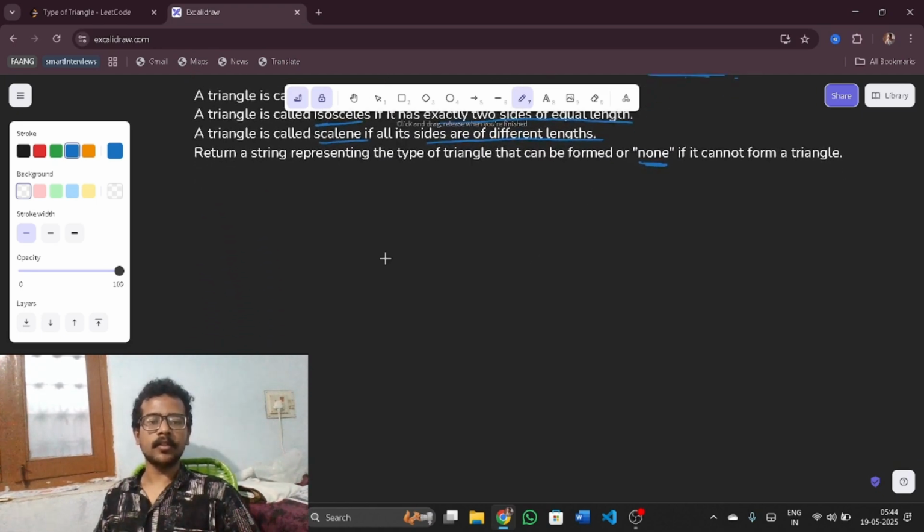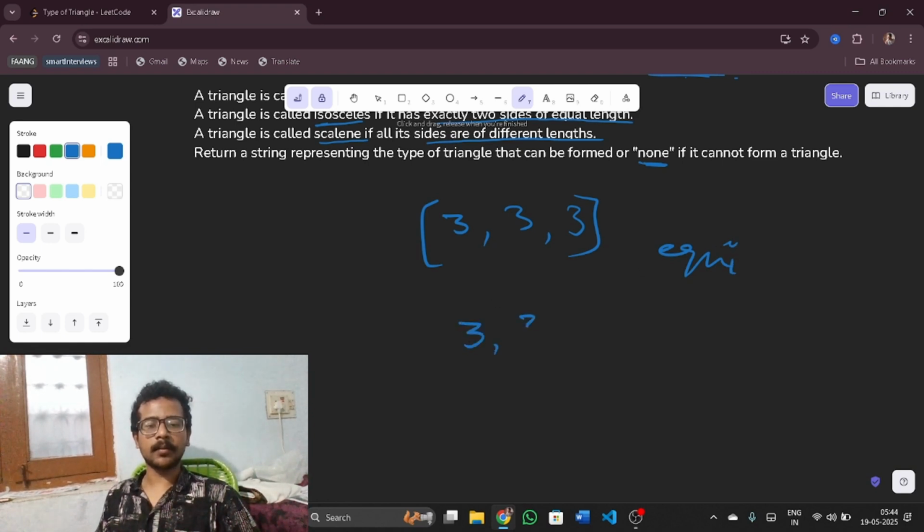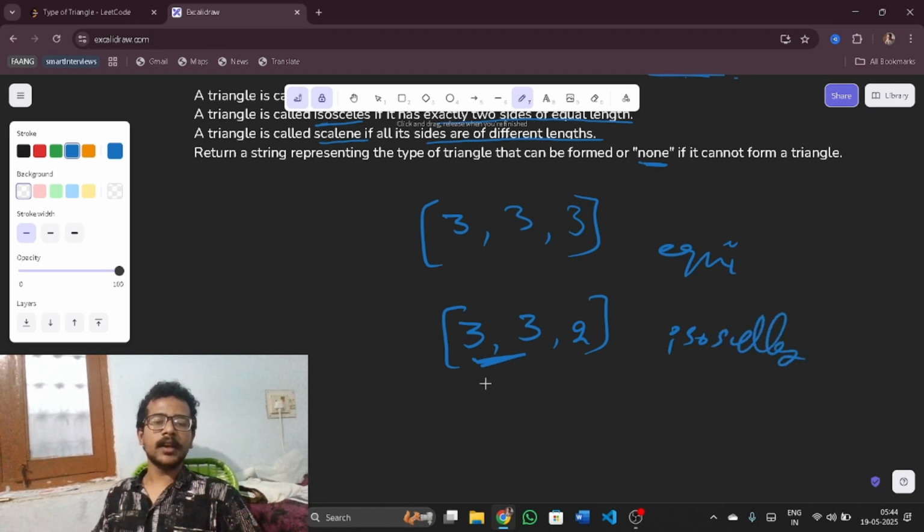First, I am taking 3, 3, 3. If all three sides of a triangle are equal, then I would return equilateral. Now if I got 3, 3 and another side of unequal length, only two sides are equal, then I would return isosceles.